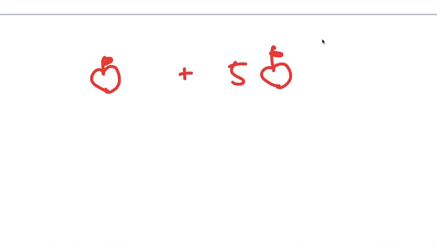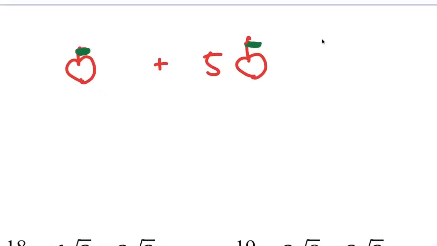Maybe I should use green for the leaves, to make it more real. So, 1 apple plus 5 apples, how many apples do you have? I would say that you know the answer, that you would have a total of 6 apples, right? Okay, 6 apples.